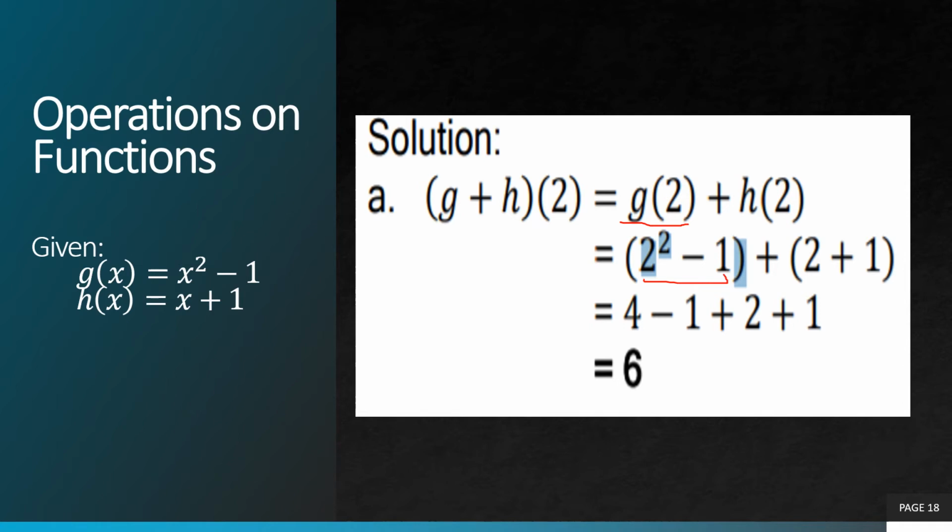The value of x here is 2. While for h of 2, we have 2 plus 1. Simplifying this will give us 2 squared, 4, minus 1, plus 2 plus 1. And if we're going to simplify this, it will give us 6.